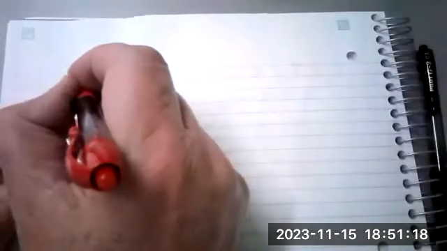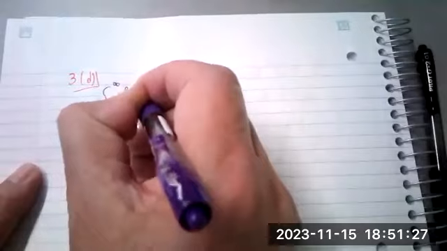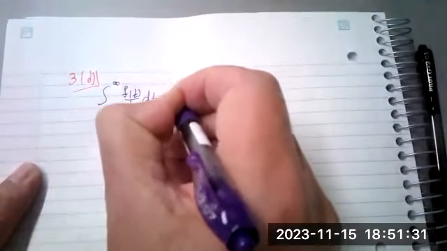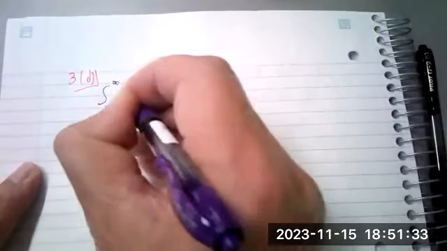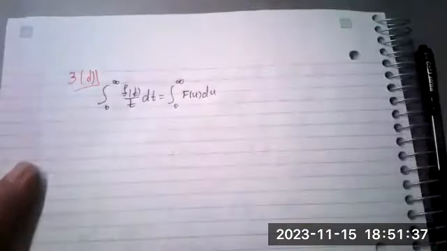For part D, use this part: the integral from 0 to infinity of f of t over t dt is going to be the integral from 0 to infinity of the Laplace of this function. That's the one.